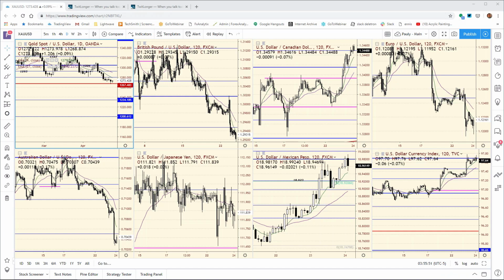And that also happens to be that level there. Resistance is going to be right there, 83.51.